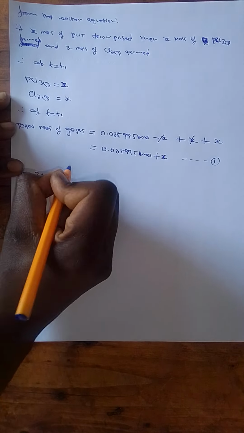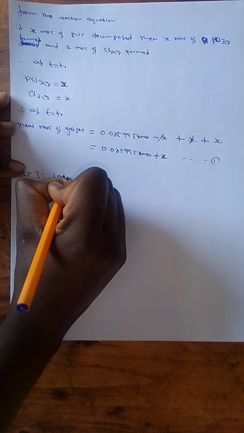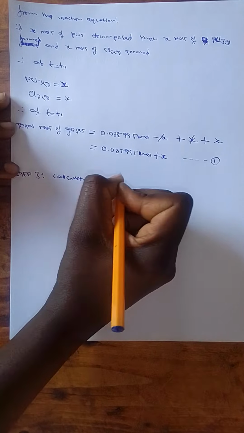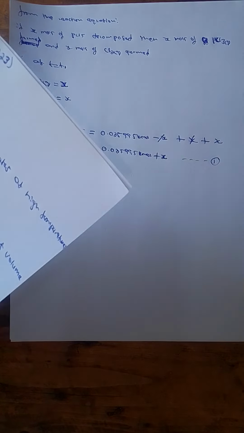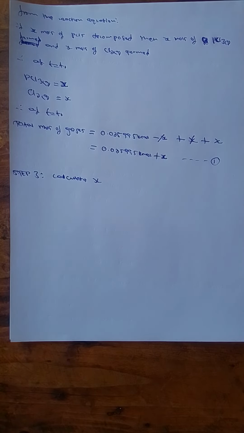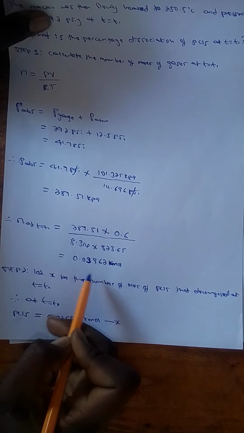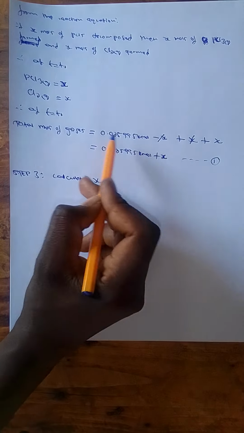In step 3, we calculate X. If we're going to calculate X, we need to equate this equation, this total number of moles, with this total number of moles.